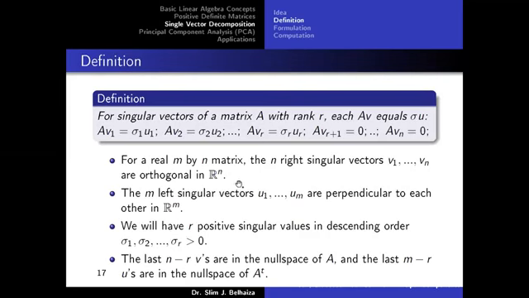The general definition is to be able to write a matrix A with rank k as the sum of matrices, each obtained from a sigma, a singular value, a left singular vector, and a right singular vector, when i runs from 1 to r.